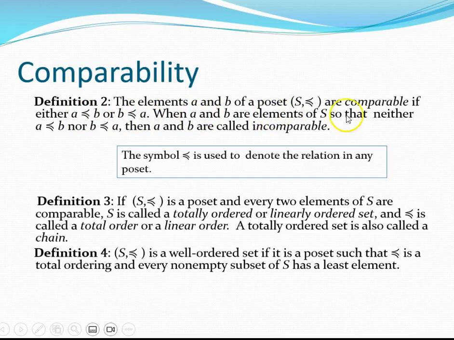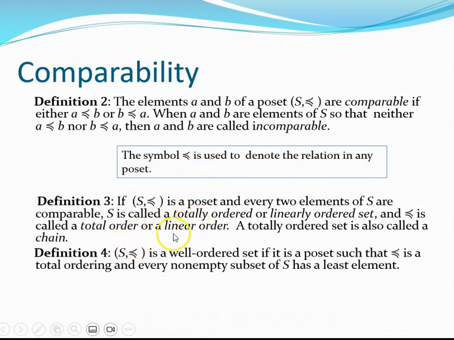When a and b are elements of S so that neither a is less than or equal to b nor b is less than or equal to a, then a and b are called incomparable. This symbol, a stylized less than or equal, is used to denote the relation in any poset.